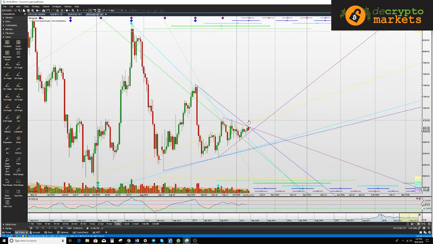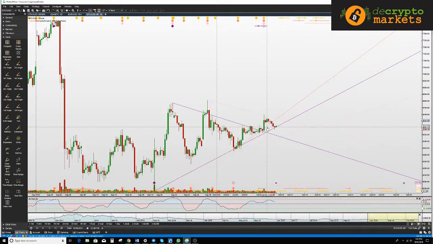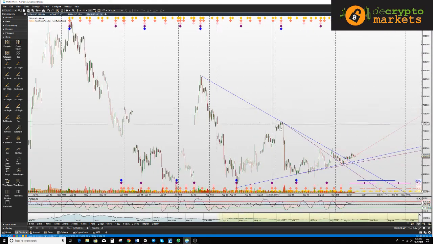The clear break here would be in the 6,800 area, which is really the target to get above. That would be a nice clean break higher. No matter which way you look at this analysis, that is the reason for this congestion and consolidation. If we bring this down to a 4-hour chart, it's similar.